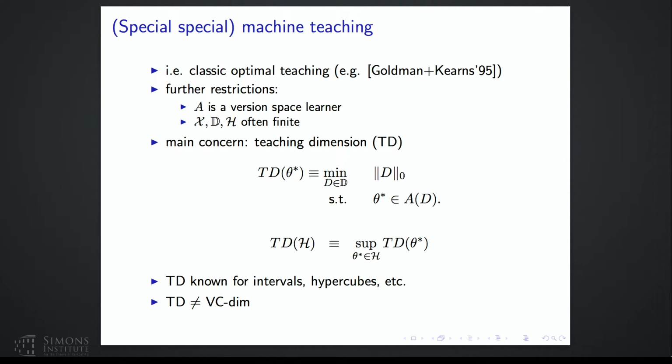And then you could also define the teaching dimension of the whole hypothesis space as just being the hardest one in there to teach. Now, teaching dimension is known for several concept classes. And interestingly, as I will show in some examples, teaching dimension is different than the notion of VC dimension. And the connection between the two is actually somewhat tenuous. So we will see.